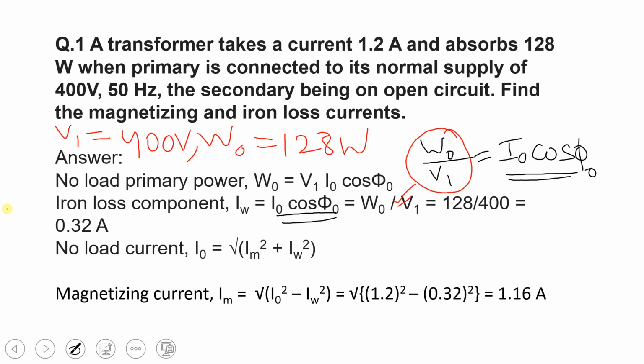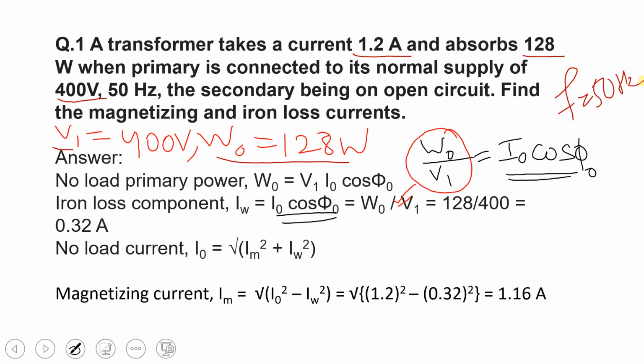So what is given to us? The power is denoted by W naught, which is equal to 128, and the current I naught is given to us, that is 1.2 ampere, and V1 is equal to 400, and frequency is 50 hertz.